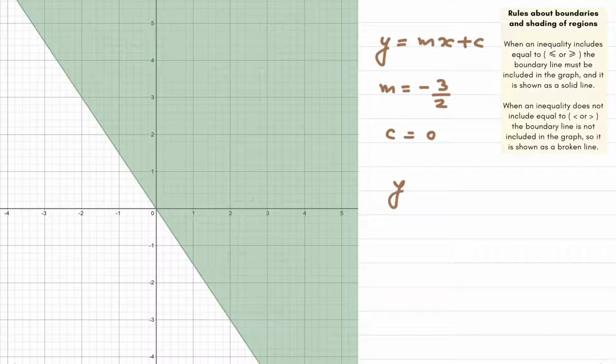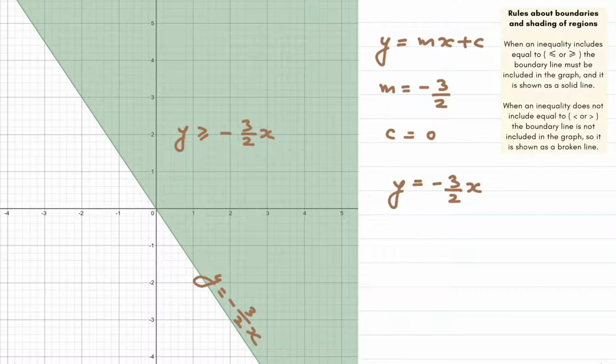So the equation of the line is y is equal to negative 3 over 2x. The shaded region is y greater than or equal to negative 3 over 2x, and the unshaded region is y less than or equal to negative 3 over 2x.